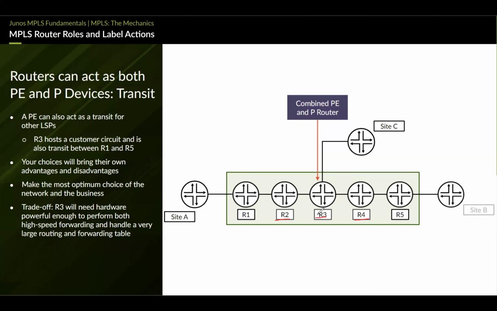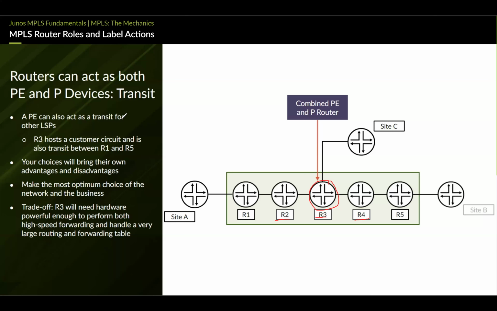Router 3 is also a provider router considering site A and site B. If you consider site C, this router is the provider's edge router for site C. So the roles are combined: provider's edge and provider router. Both roles will be executed in router 3. So this is the topology where one single router can act as provider's edge and provider router.